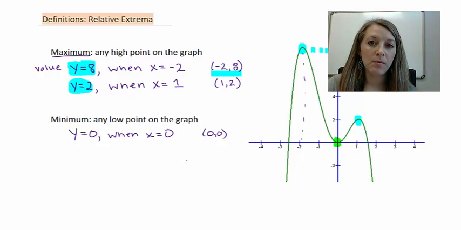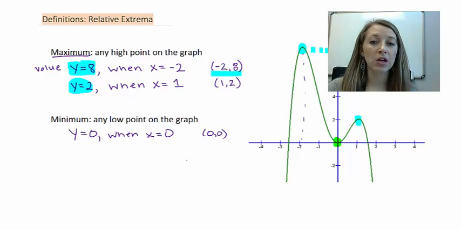Now, maximums and minimums are really easy to find if you have the graph to reference, but what happens if you don't have the graph to reference? It just gives you the function. The specific way to find this also answers the question as to why it is in the increasing and decreasing section.